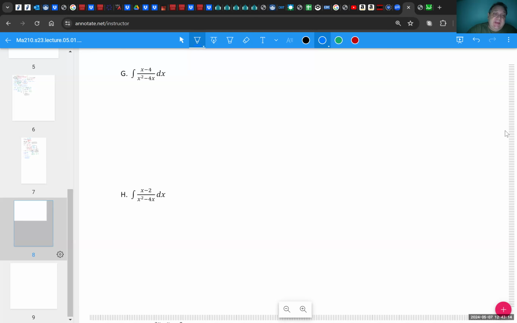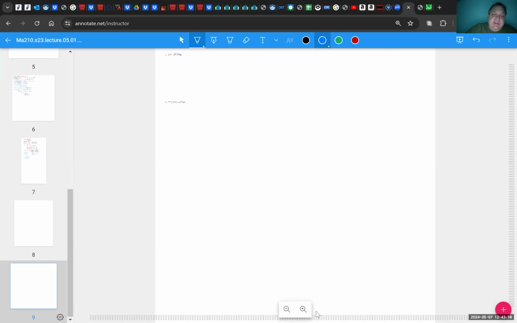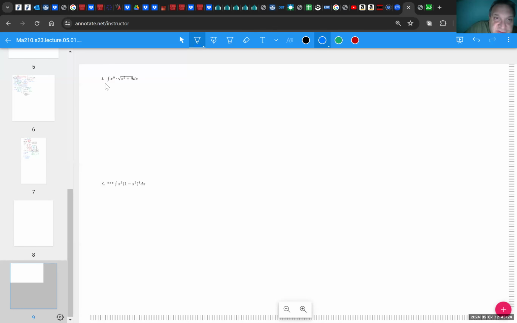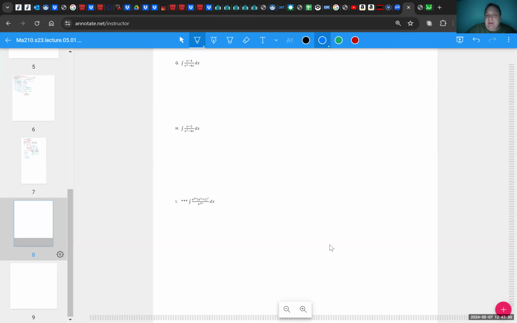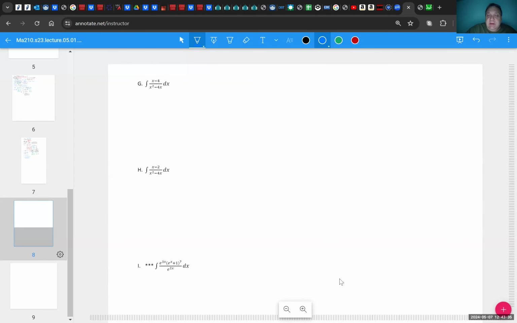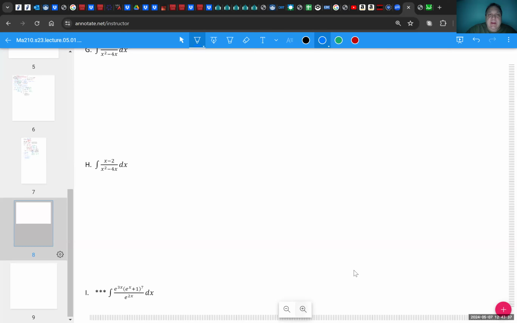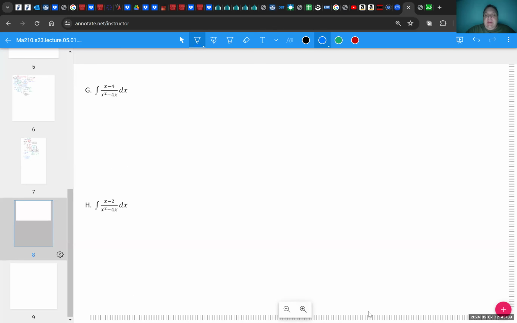I don't know the timestamp, but the last page starts with J and K. So J and K are going to be a little more complicated, maybe the most complicated versions of substitution simplification. All right, so I'm going to work my way up to that.